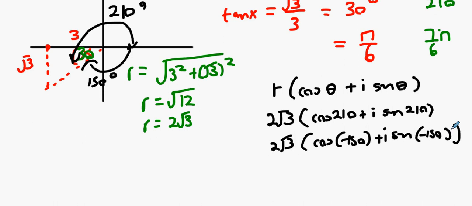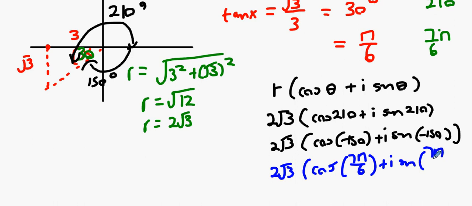That is considered the same answer. Likewise, in radian mode, this answer is 2 root 3 cos 7 pi over 6 plus I sine 7 pi over 6. Is that cool with you guys?